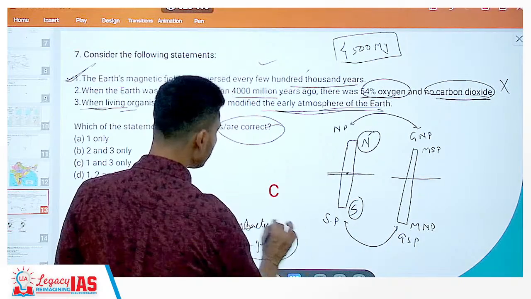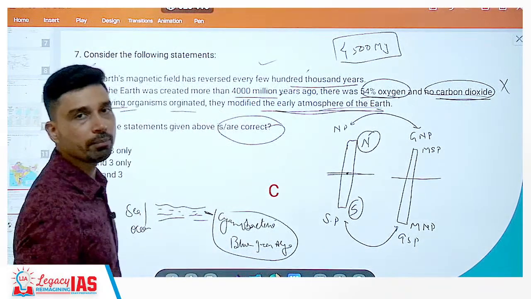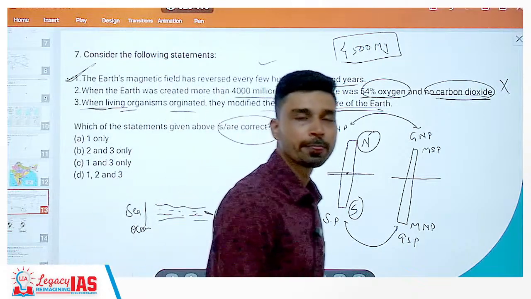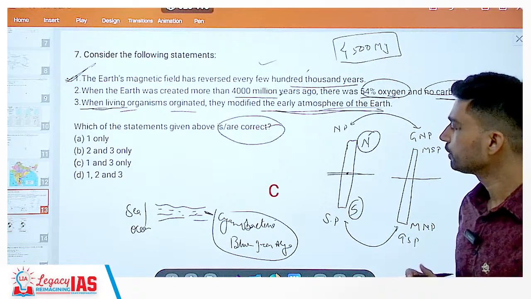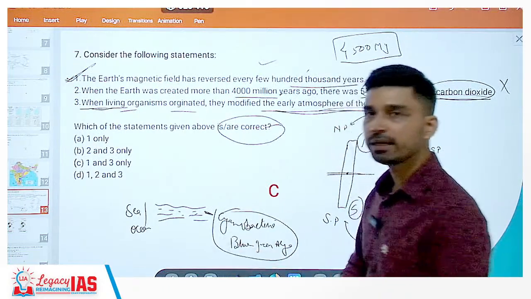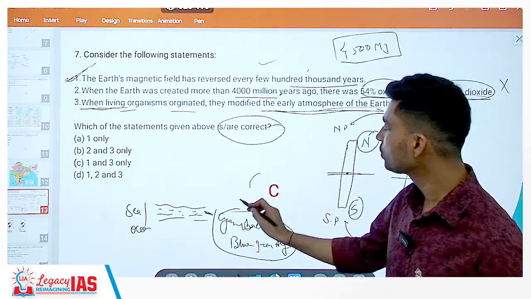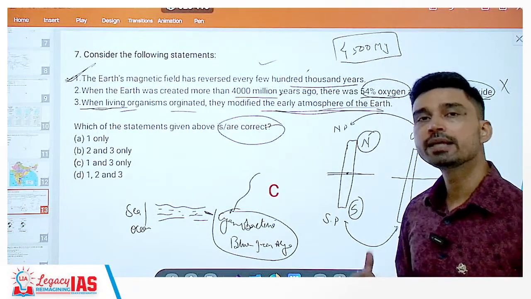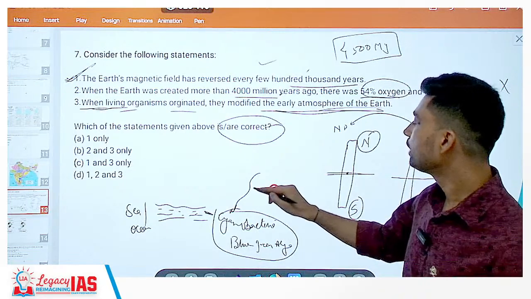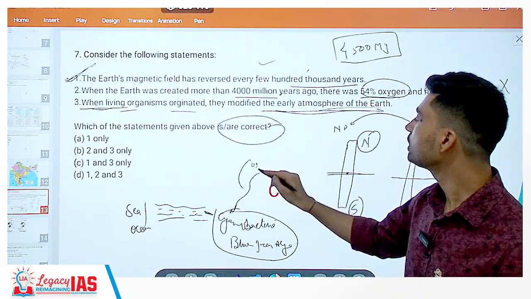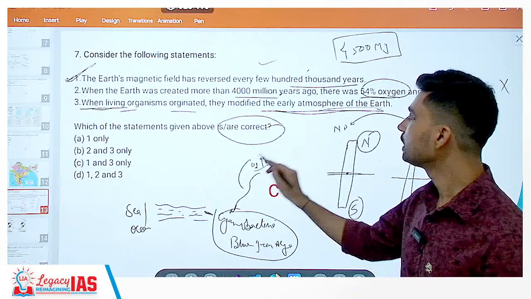So cyanobacteria or blue-green alga, which developed in the oceans of the earth, started to participate in the process of photosynthesis. And we know that during photosynthesis, oxygen is produced as a byproduct. So gradually the concentration of oxygen started to increase as a result of this photosynthesis.